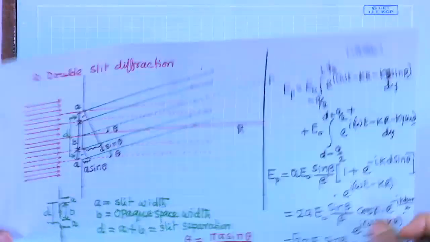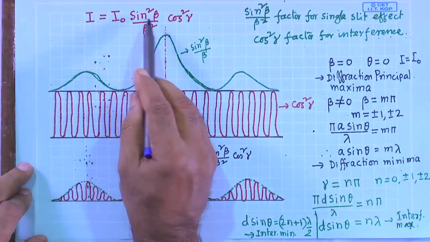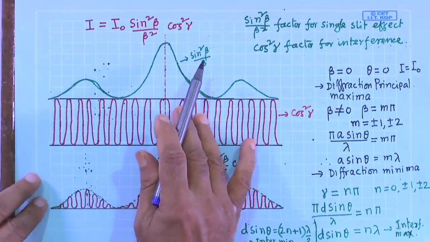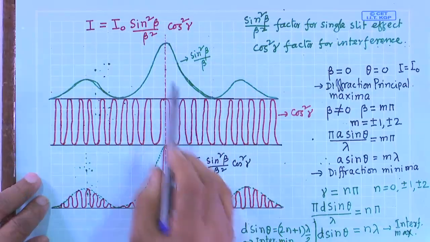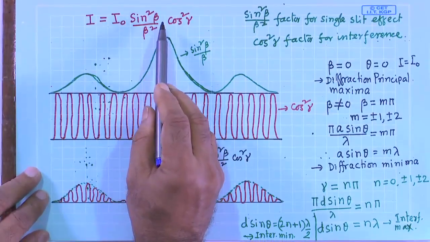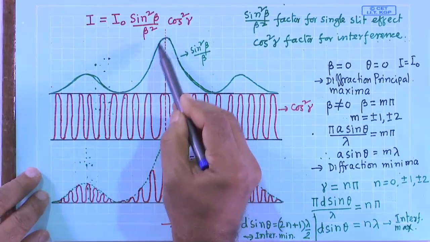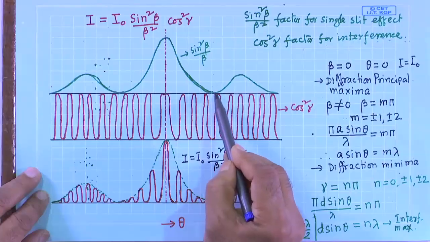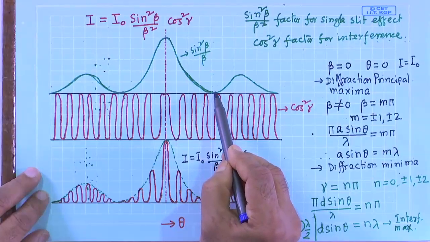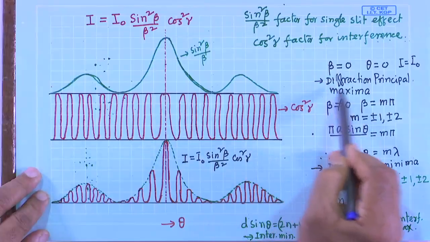If I plot I equal to I 0 sin square beta by beta square cos square gamma: sin square beta by beta square you have seen, with the principal maximum, then diffraction minima, then secondary maxima, and there are more.